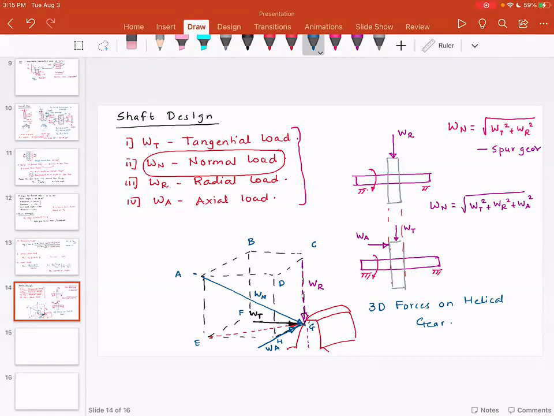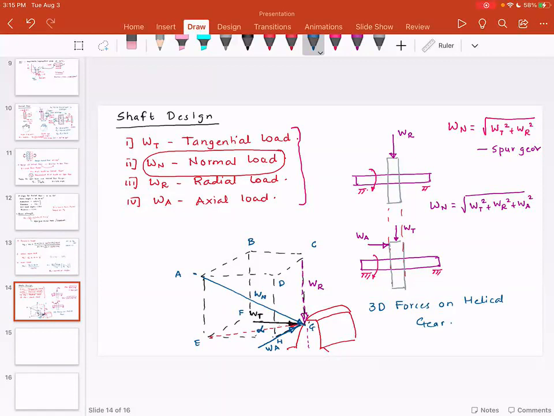So what is that helix angle doing? Because of the helix angle, my normal force is going through A and G rather than B and G. So this angle is actually alpha. This is the helix angle.